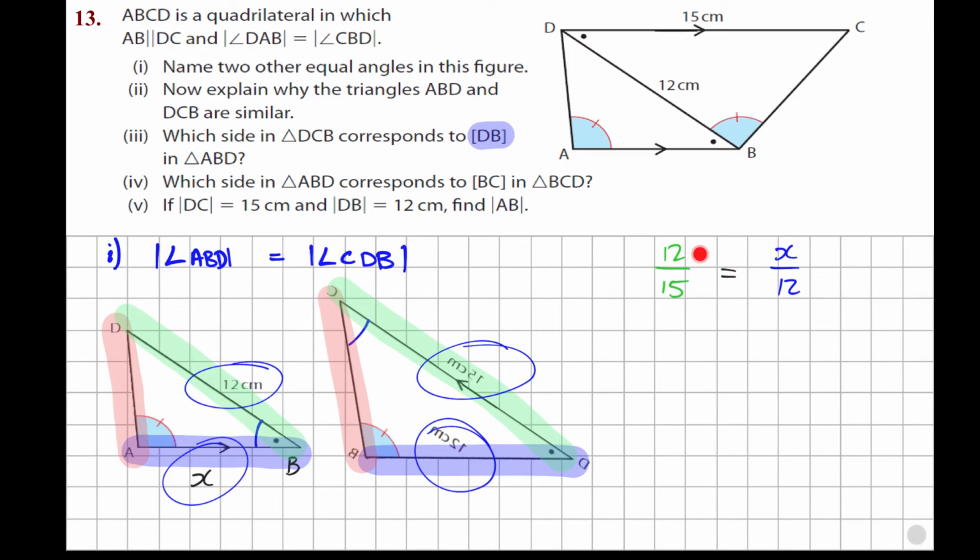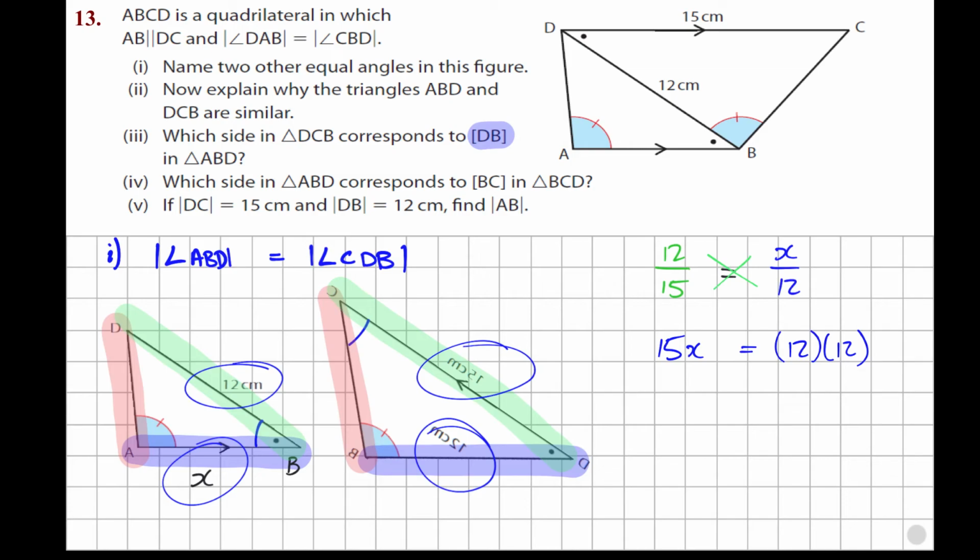So now we've formed an equation. And the reason why we know it's an equation, obviously we've got an equal sign. So we need to solve that equation. And how we solve that equation is we cross multiply. So we'll say 15 times x is 15x. And 15x will be equal to 12 times 12.